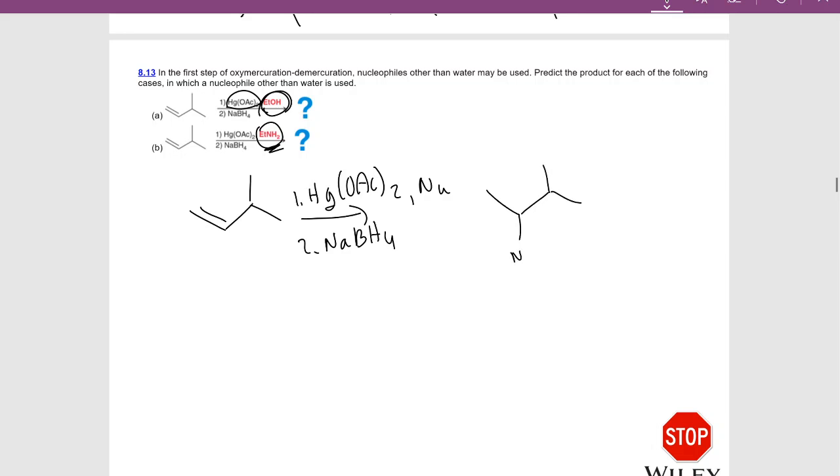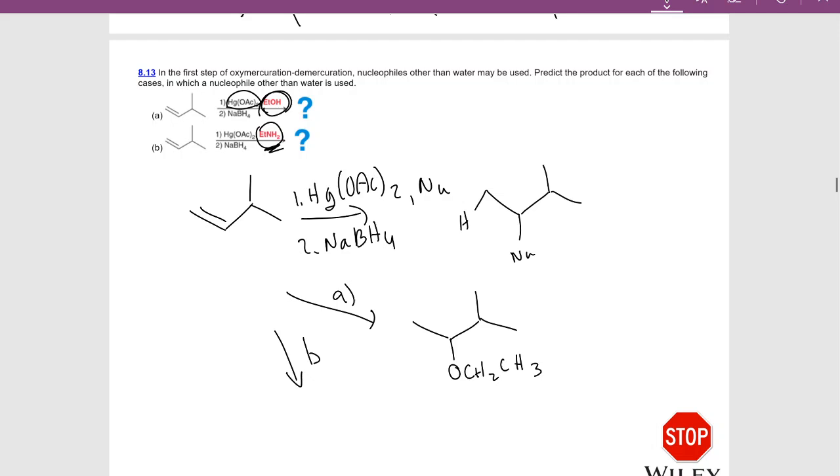So we add our nucleophile to the more substituted side and hydrogen to the less substituted side. So if our nucleophile is ethanol, I'll just put A here, indicating that I'm doing part A. Our nucleophile is ethanol, so we have O, CH2, CH3, and I'll just leave the hydrogen out. And for B, we have ethylamine.